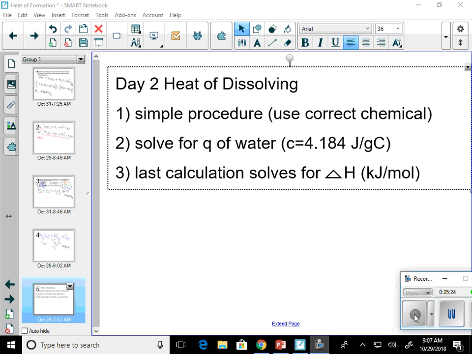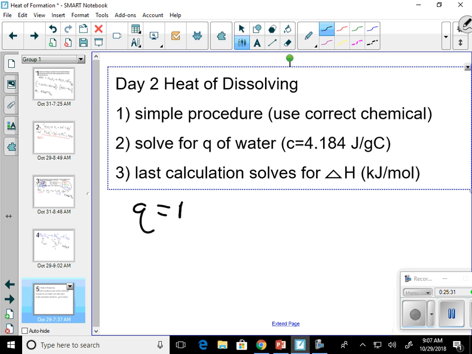Number 1 says calculate the Q of water. Remember, to calculate the Q of something is Q equals MC delta T. Now, if I'm asking you to do this for the water, that mass we might need for the water.